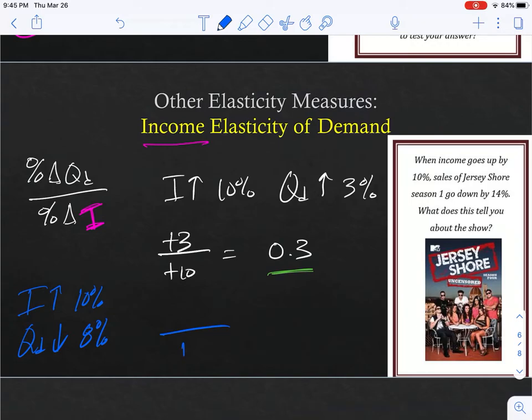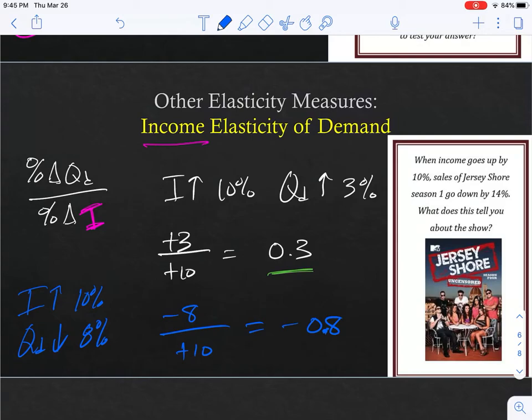Now what's the income elasticity of demand? Well, I've got a plus 10 in the denominator and a minus 8 in the numerator, so I get minus 0.8. So now I've got something where the absolute value is closer to 1, but it's negative. So what does that mean? Here, this is another example where different signs give you important information.